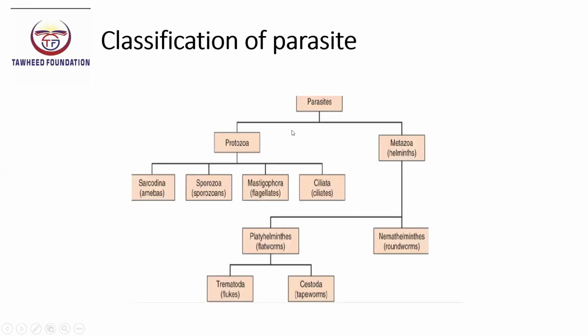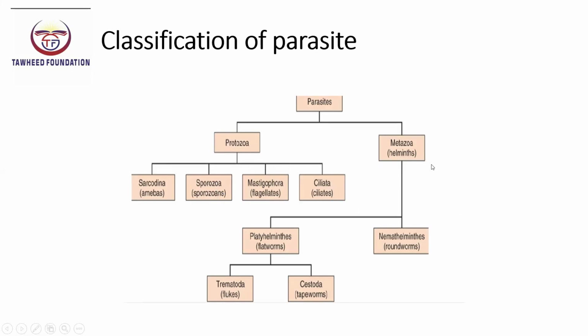Next is classification of parasites. This slide covers the systematic organization of parasites into three major groups: protozoa, helminths and ectoparasites. Protozoa are single-celled organisms that cause diseases such as malaria, amoebiasis, giardiasis and trichomoniasis, often transmitted via contaminated water or vectors.